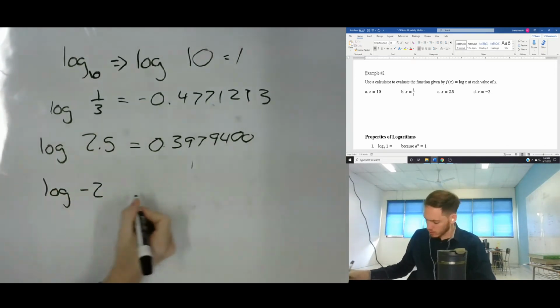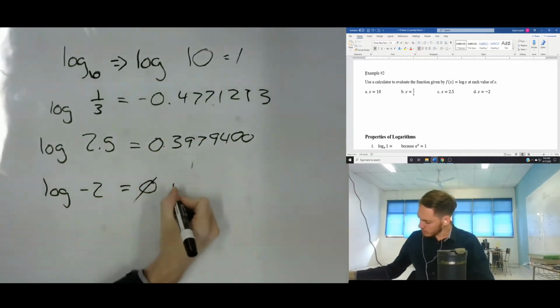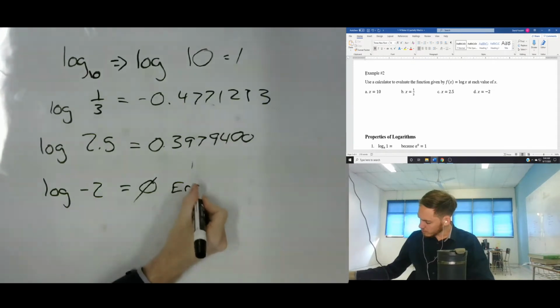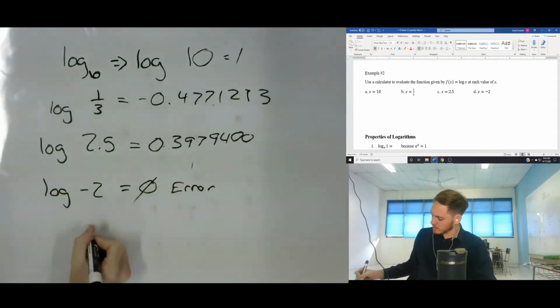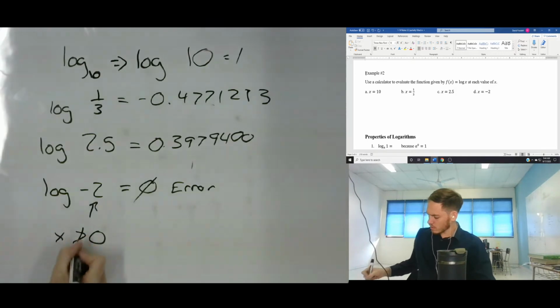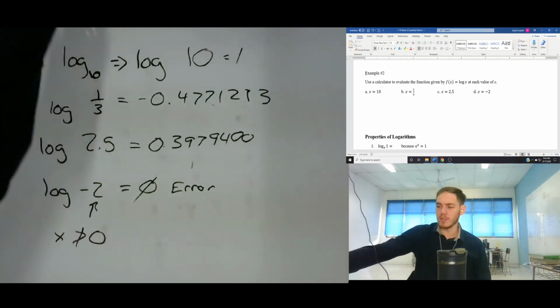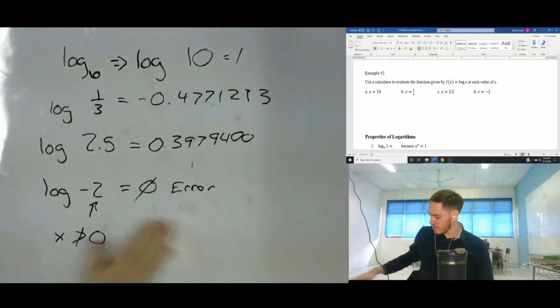And log of -2 is no solution, it's an error, because this must be greater than 0. So it won't have a solution if it's a negative.